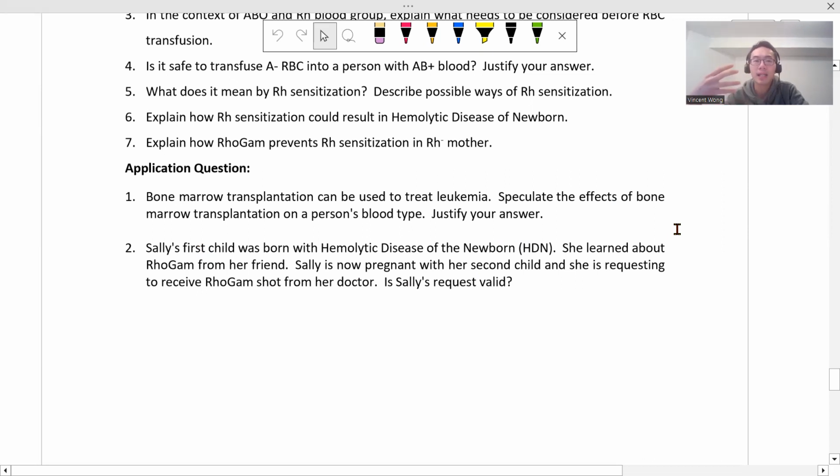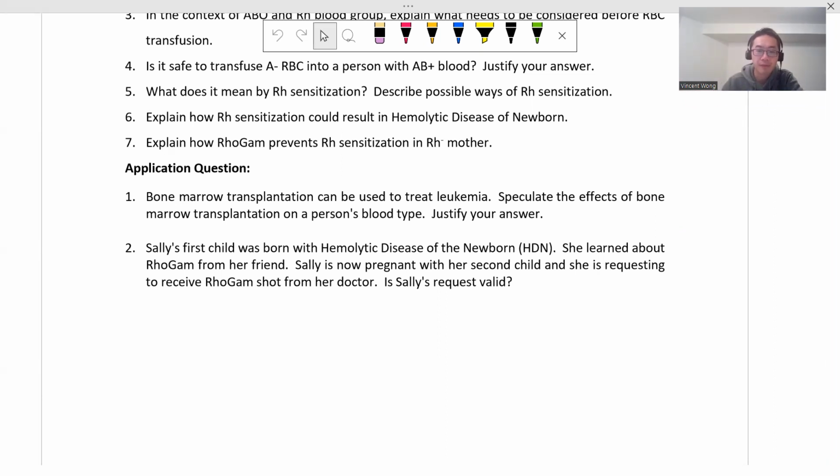When you replace the bone marrow, you are basically replacing the stem cells in the bone marrow that are giving rise to these blood cells of yours. So the rule for bone marrow transplantation is the same as the rule for blood transfusion in general. And so if you take, let's say, B blood and you give it to an AB person, right?